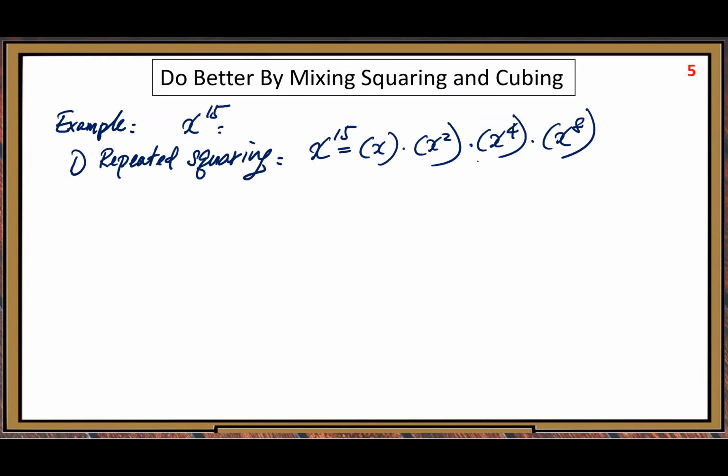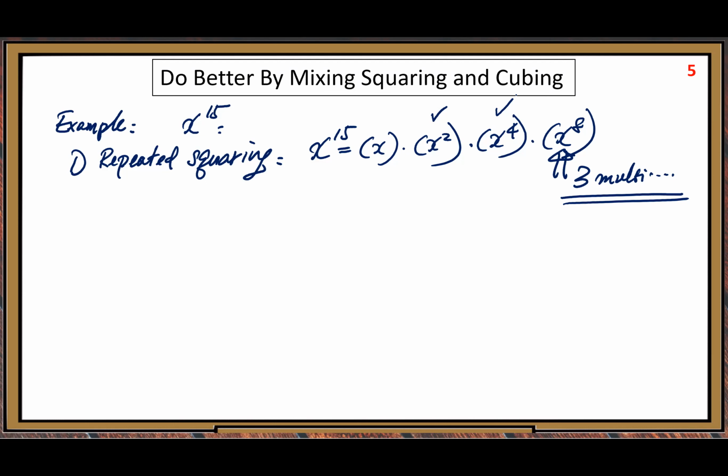In order to get x to the 8th, we need 3 multiplications, which cover x squared and x to the 4th, so we do not need more than that.